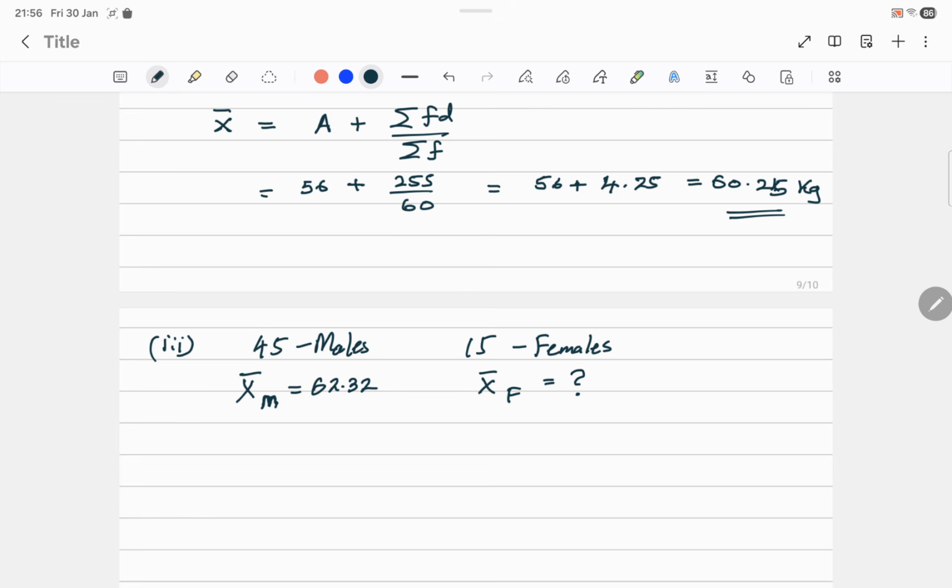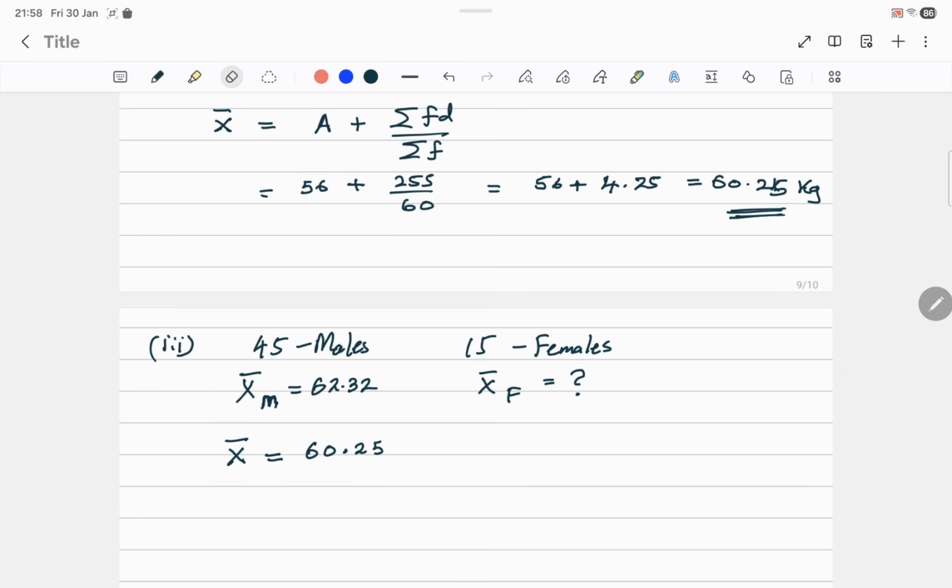Right, so we have the total mean mass. X bar is what? X bar is 60.25. So we have to use that also to get this. Right, so let's see how to get this.